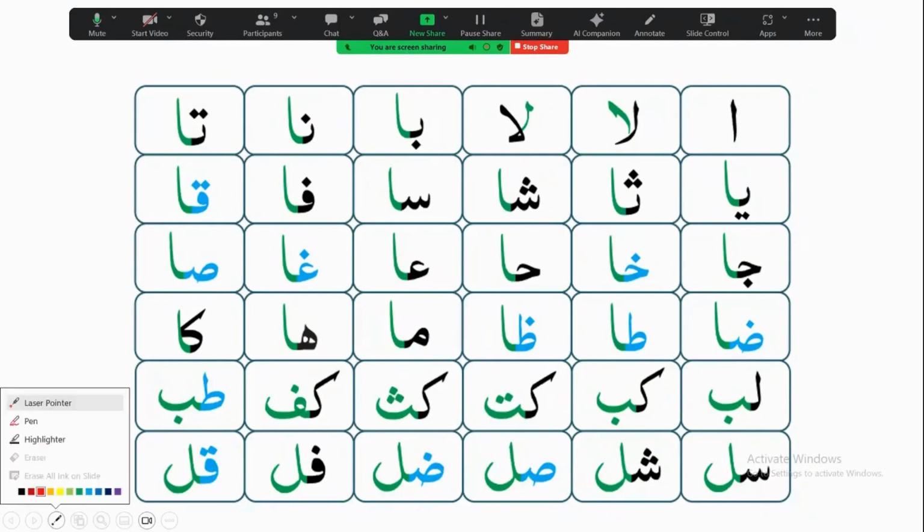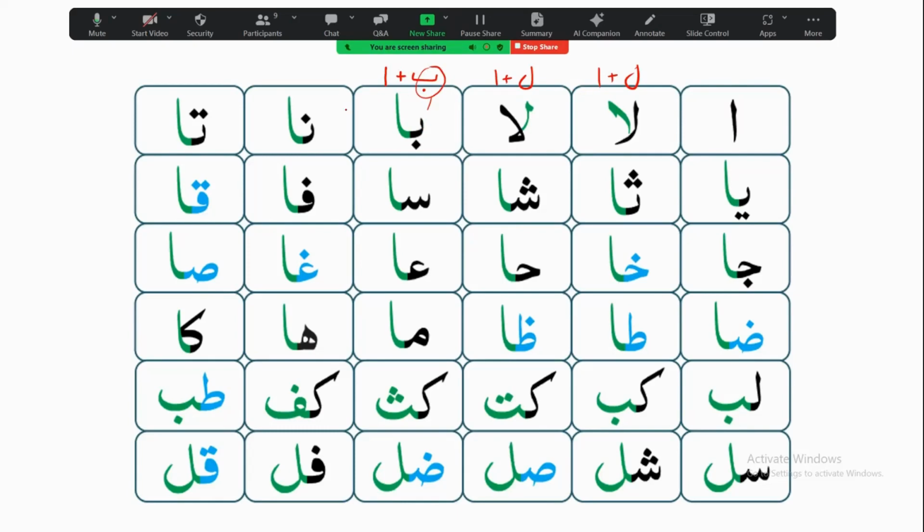Let me write for you side by side: the Ba letter and the Alif letter. We took this first part, and this was Ba and Alif, Ba. This was the Lam letter and the Alif letter.